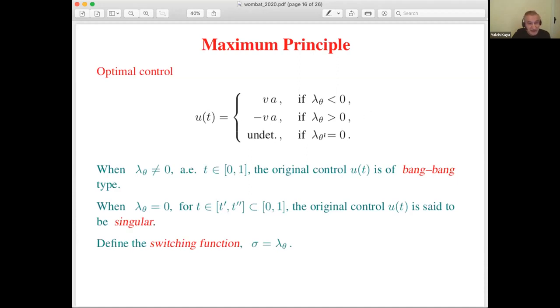If lambda theta is equal to 0 at isolated points, then the whole optimal control will be bang-bang type. However, if it is equal to 0 in a non-trivial interval, then the control is said to be singular.